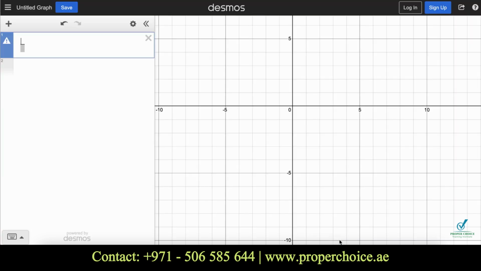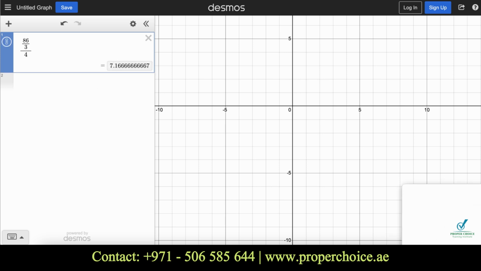So you simply need to do 86 by 3 divided by 4. That value divided by 4, I'll be getting it as 7.1666, or in fraction 43 by 6.